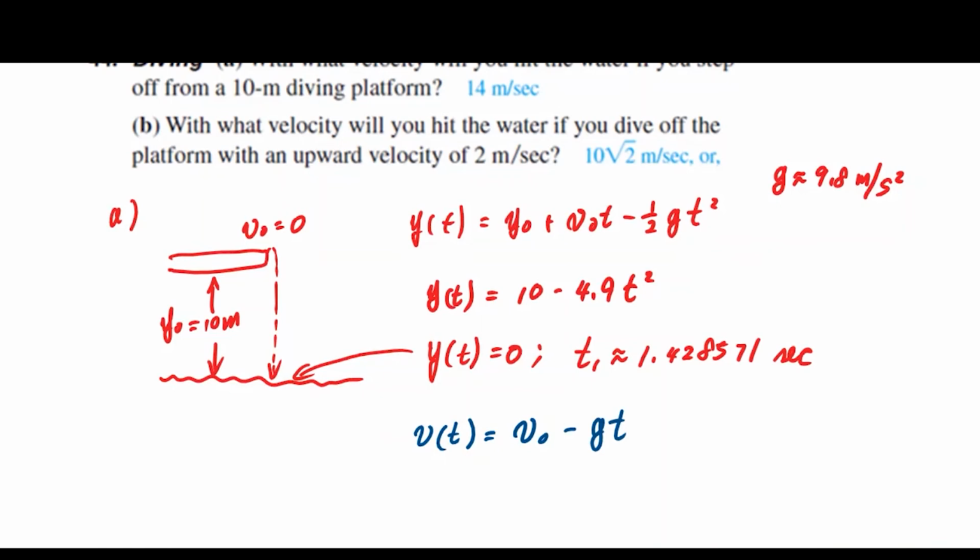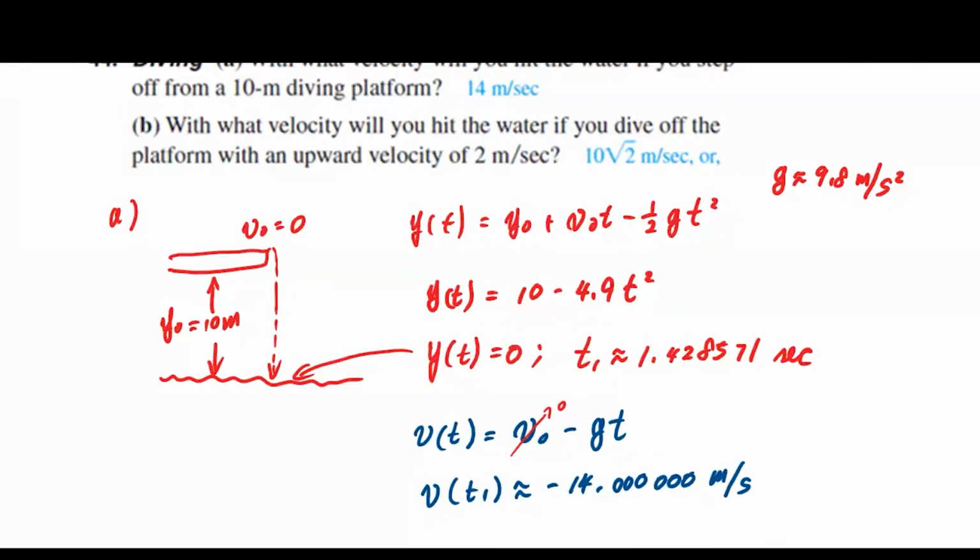But v naught is equal to 0 in our case, so it's just negative gt. So plugging in our t1, you should get negative 14.000000. How about that? Very good.